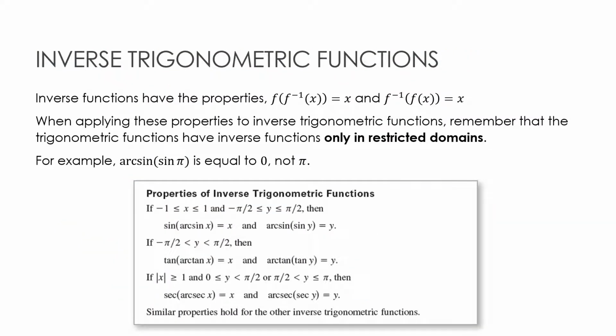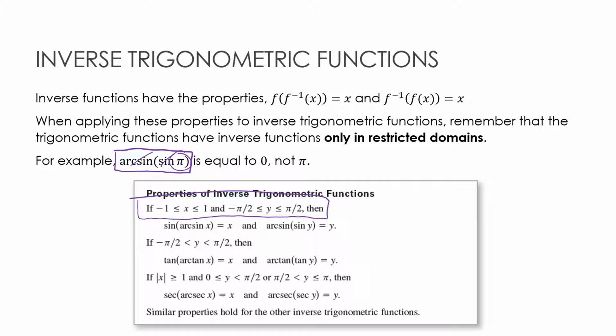So one thing to keep in mind as we move forward is that restricted domain is super duper important. For instance, if I took the arc sine of pi, you would think that my answer is pi, which would make perfect sense. But we already knew this property that says x has to be between -1 and 1, and then y has to be between -pi over 2 and pi over 2.